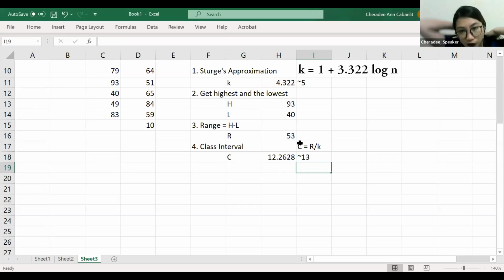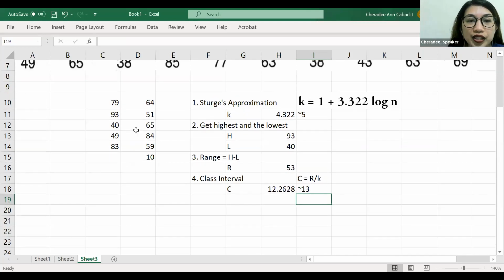All right, now you create your frequency table and your intervals. Since the class size is 13, you start with the lowest value, which was 40.